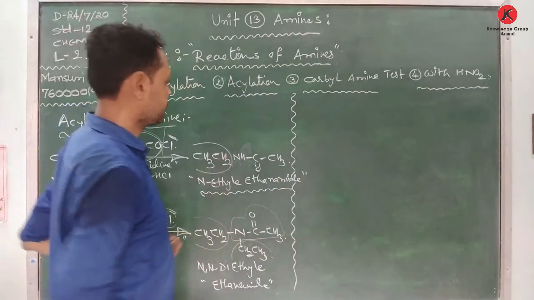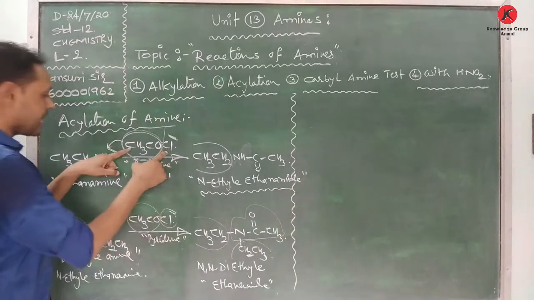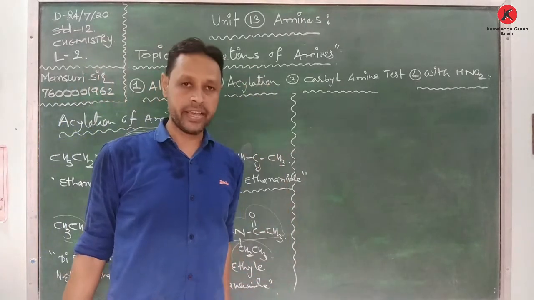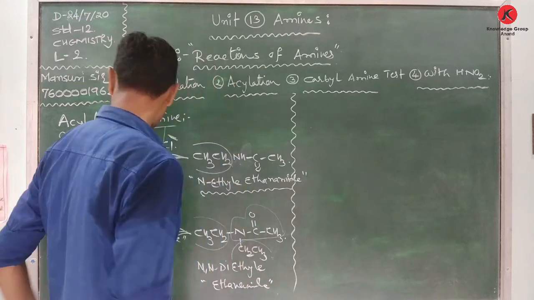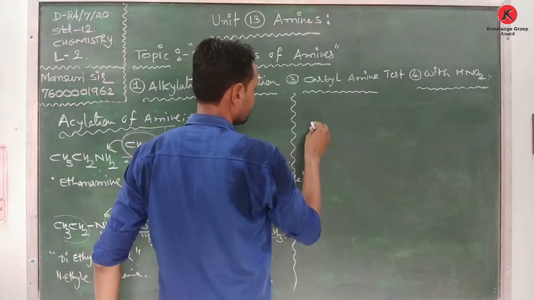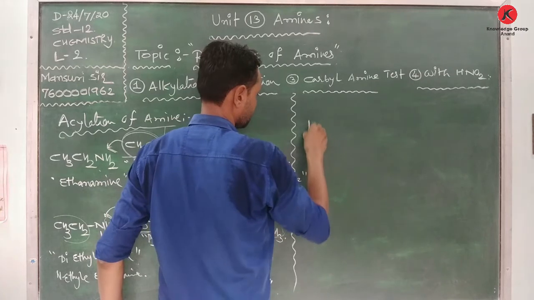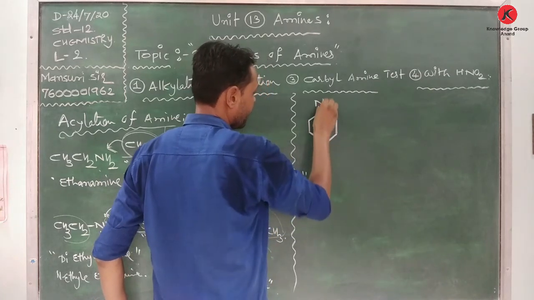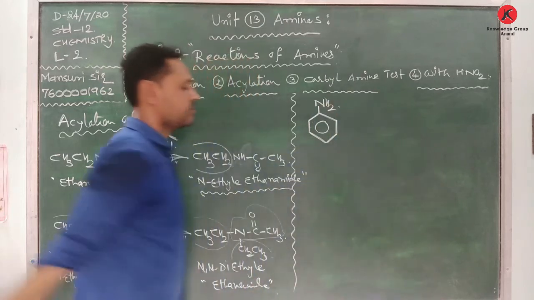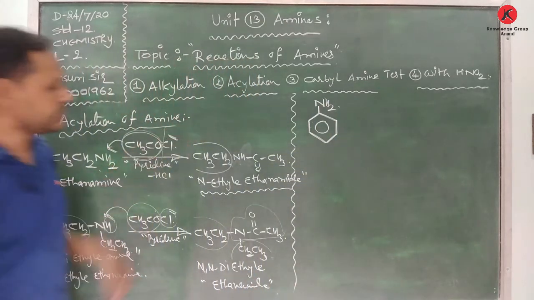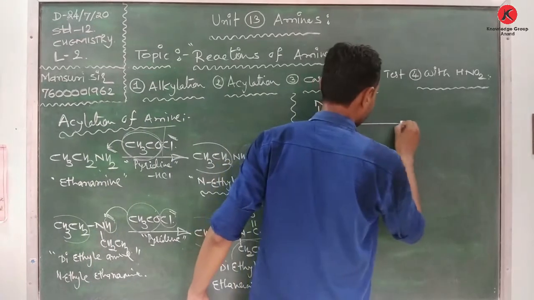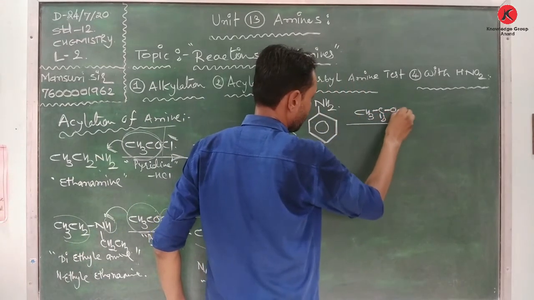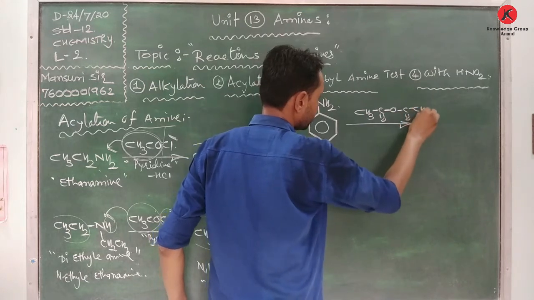Here, instead of acetyl chloride, we will take acetic anhydride. An aromatic amine is to be taken. This is aniline. Aniline reacts with CH3CO-O-COCH3.